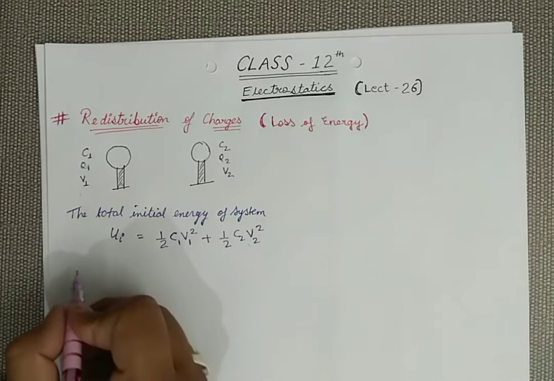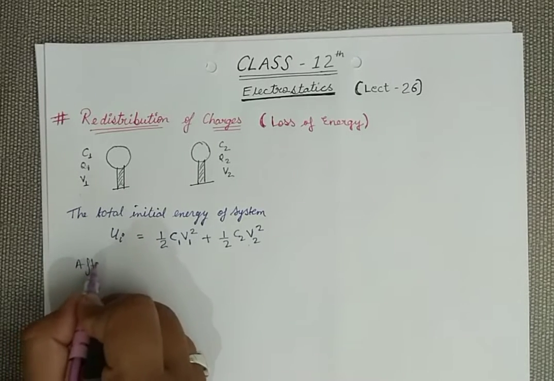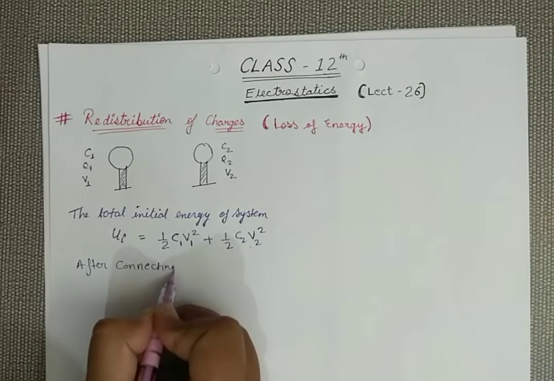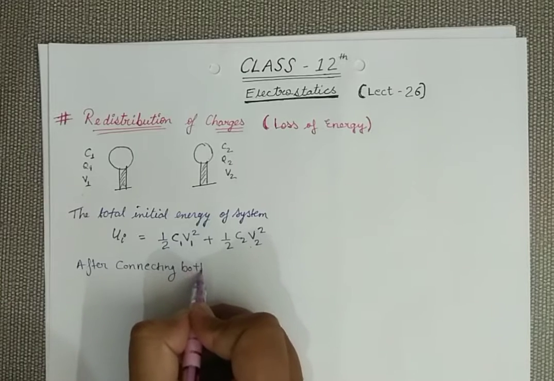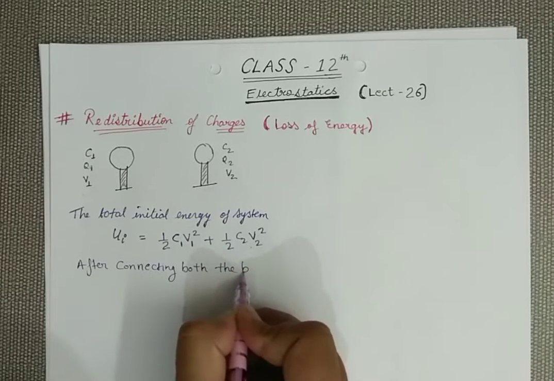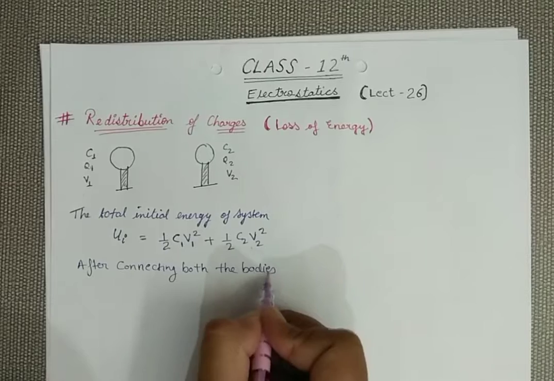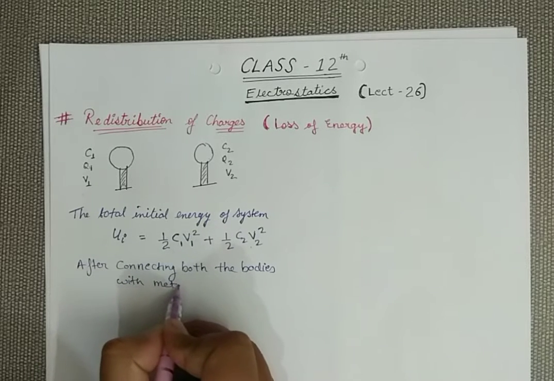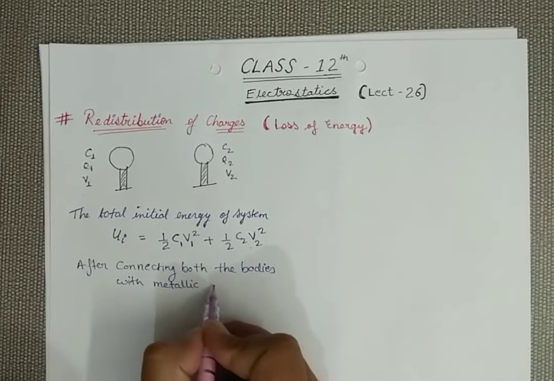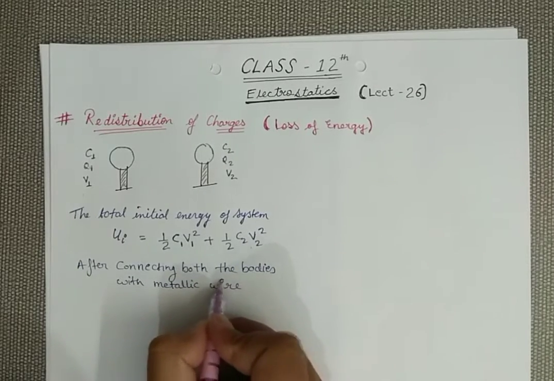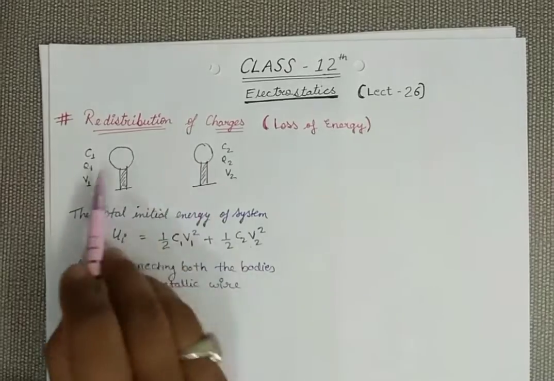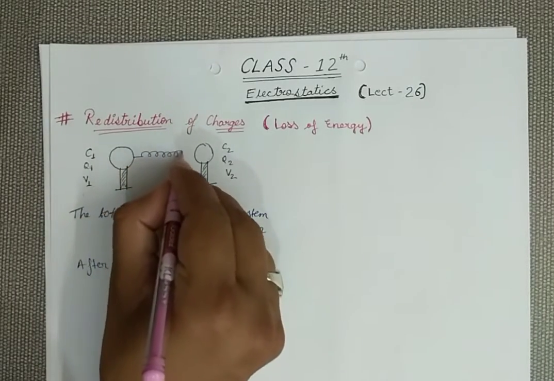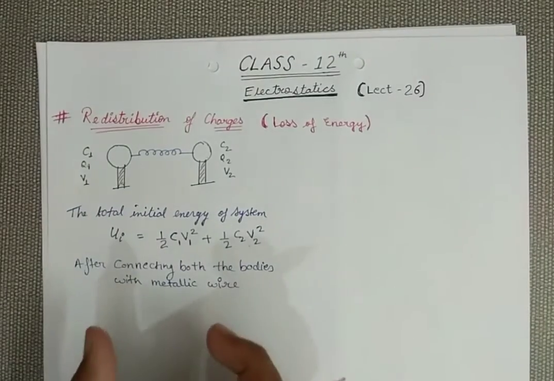So now what I have to do? After connecting both the bodies with a metallic wire, I connect these two bodies with the help of a metallic wire. Now what is going to happen?